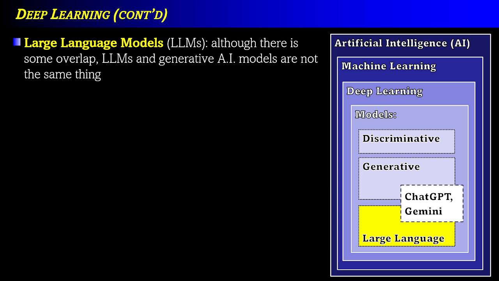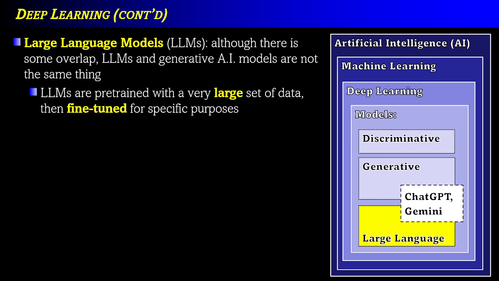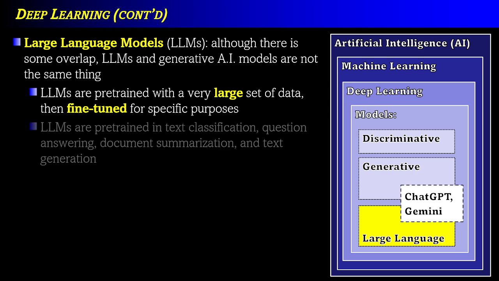Large language models, or LLMs, although there is overlap, LLMs and generative AI models are not the same thing. Although we do have models like Gemini and ChatGPT doing just generative AI, they are also large language. Large language models are pre-trained with a large set of data, specifically fine-tuned for specific purposes.